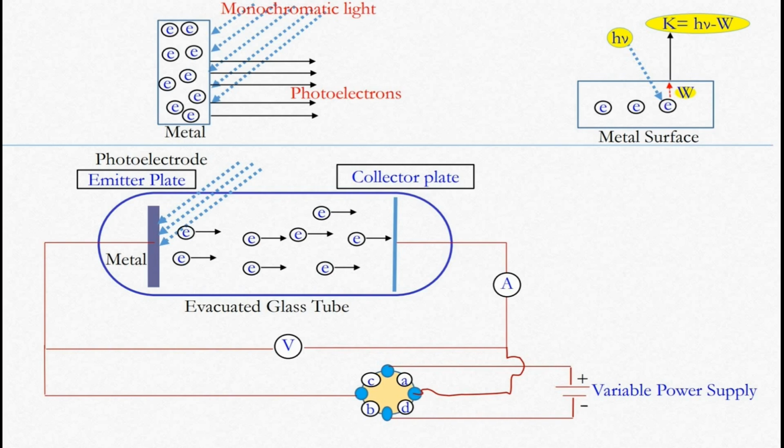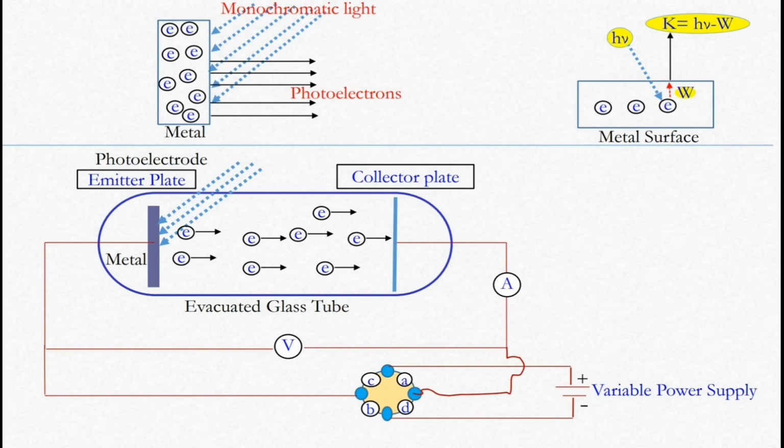The whole range of electromagnetic radiation, from gamma rays and X-rays to ultraviolet, visible region and infrared rays, produces this effect. This effect was first discovered by the famous scientist Hertz in 1887.